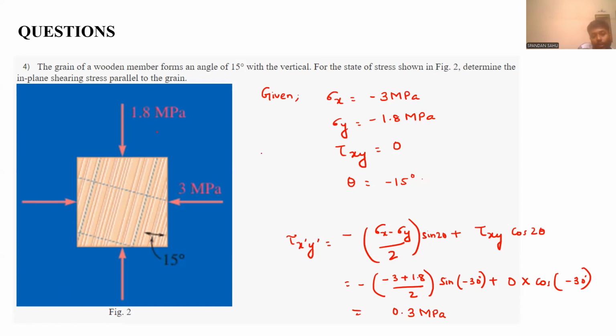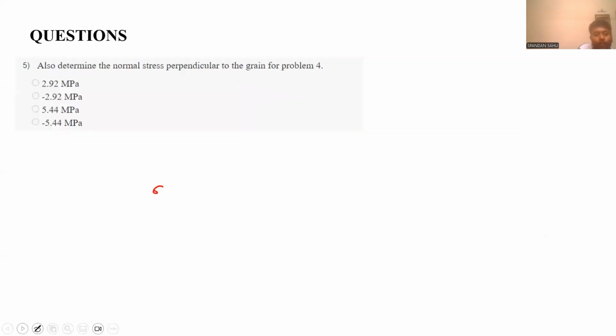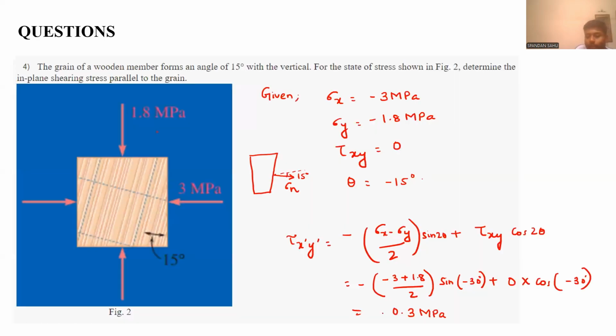Means now you have a section like this and you are cutting this and they are asking you to determine this value, sigma n. So sigma n will be how much? Yeah. The answer should be negative. This will be negative.